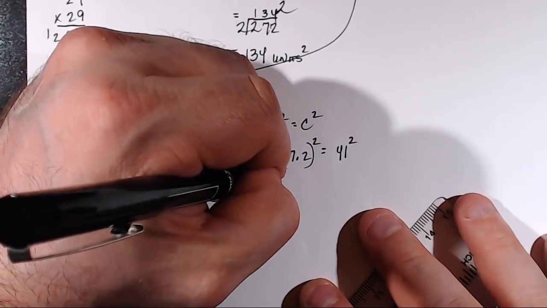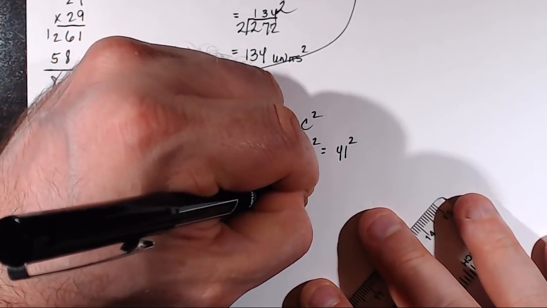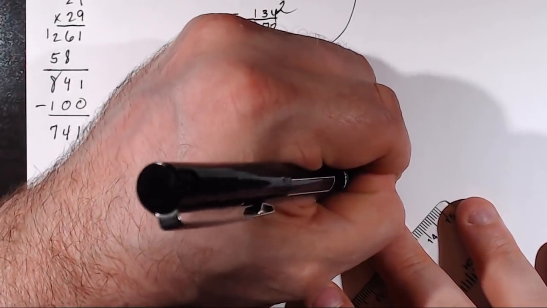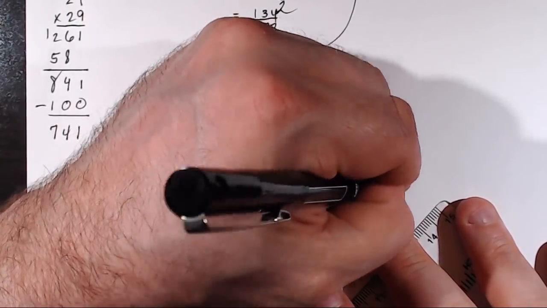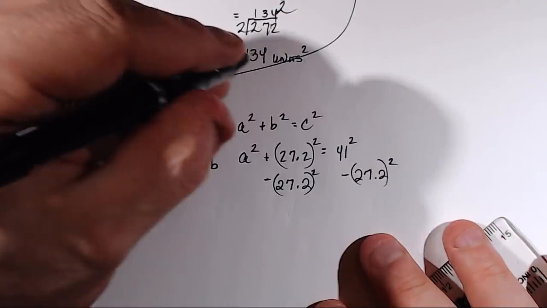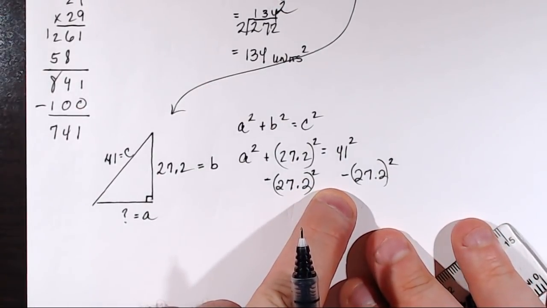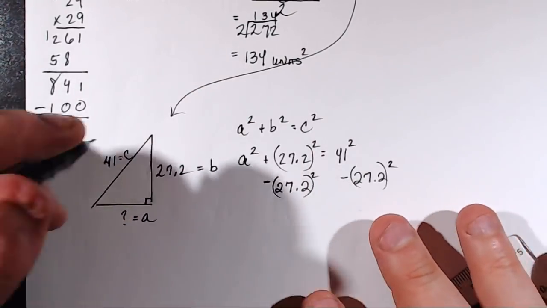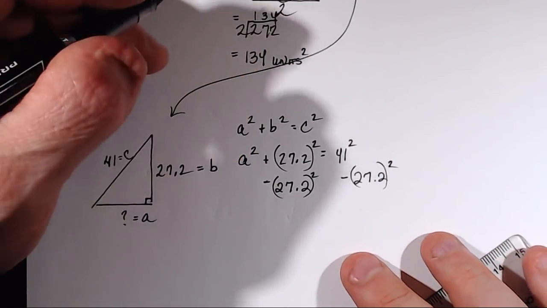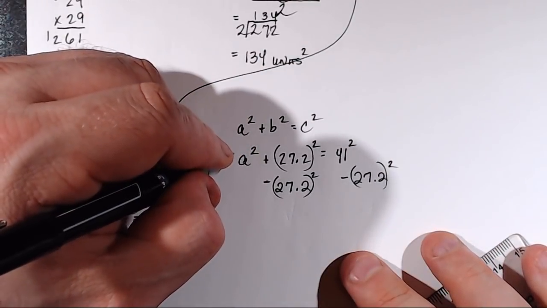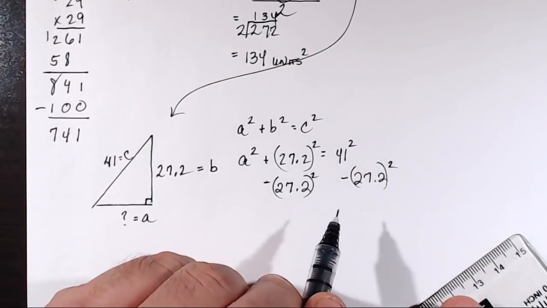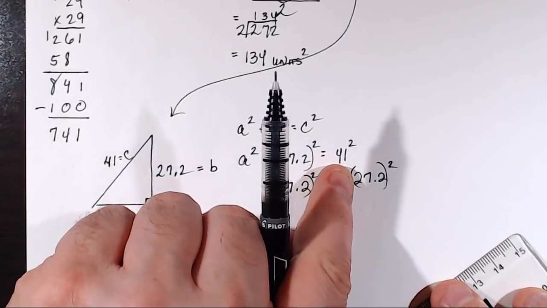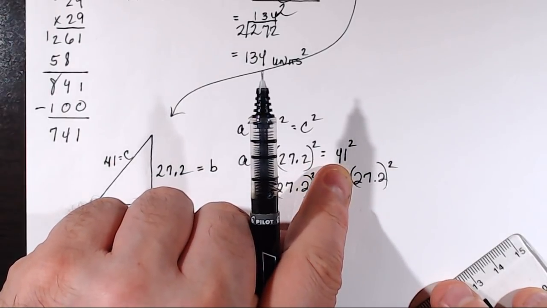So to get A by itself, we'll subtract out 27.2 squared on both sides. Notice where I put the minus sign, outside of the squared. Think about PEMDAS. Eventually you're going to need to square 27.2, but don't put that negative sign in there or it'll disappear on you.